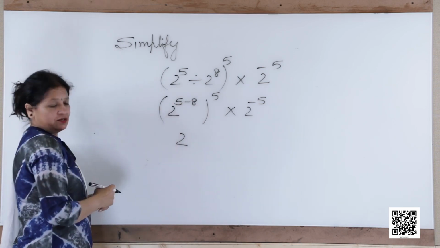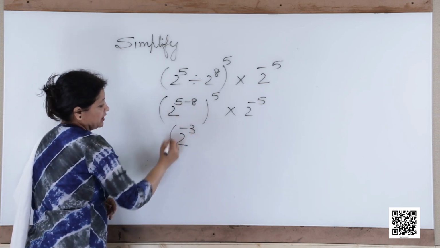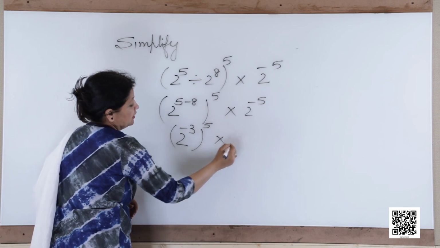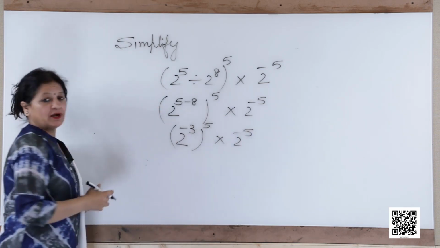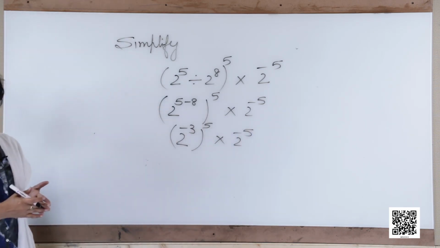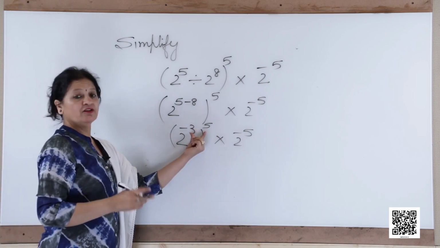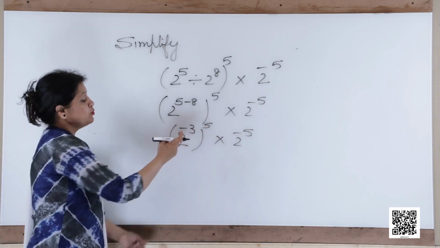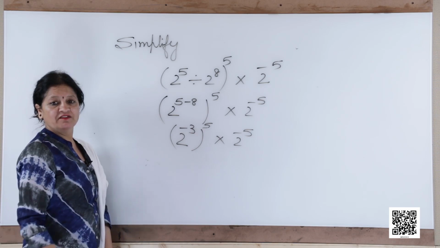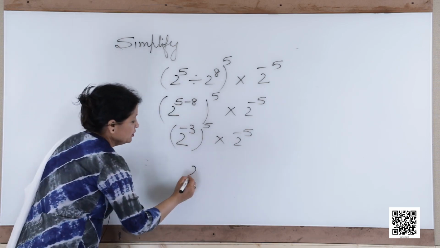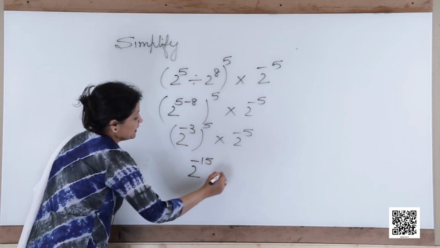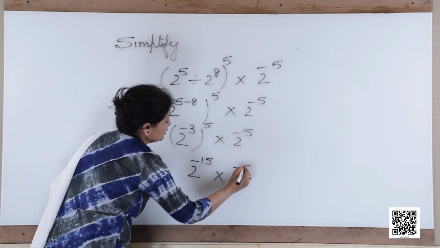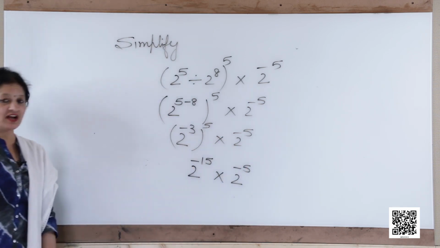5 minus 8 is minus 3. Outside we have 5, into 2 raised to the power minus 5. We have done the law: if 2 powers are there, we will multiply. So minus 3 multiplied by 5 is minus 15. So 2 raised to the power minus 15 multiplied by 2 raised to the power minus 5.